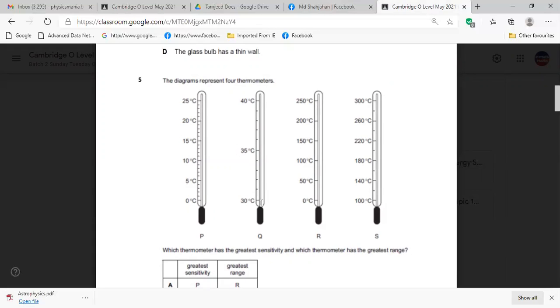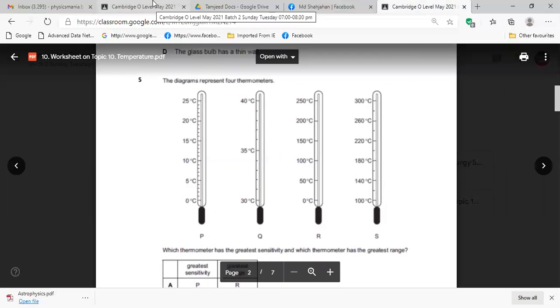If you increase 1 degree Celsius temperature here in R or S, it is very, very small, right? And here in P, a little bit bigger. But the biggest one is here, the liquid thread increase. That's why it is more sensitive. Is it clear now?